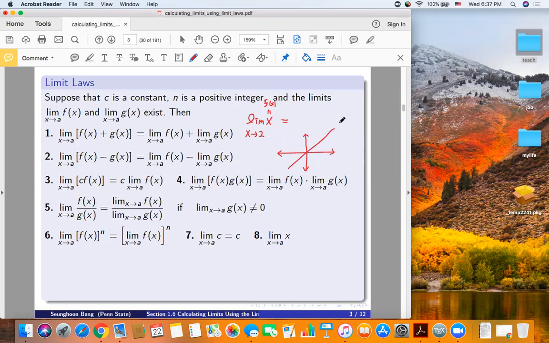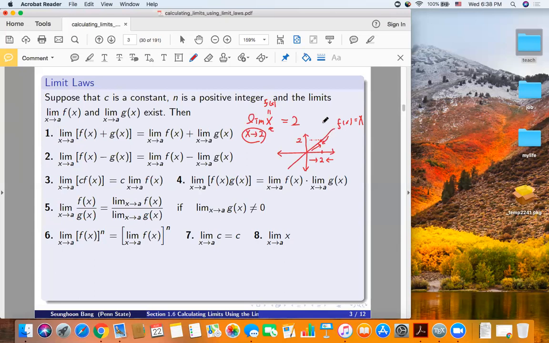This point is 2. What happens? x approaches 2 from the left and from the right. That is the exact meaning. f of x equals x, so the corresponding function value approaches this point and this point, exactly this value. What is the y value? The y value is 2. So the answer is 2.